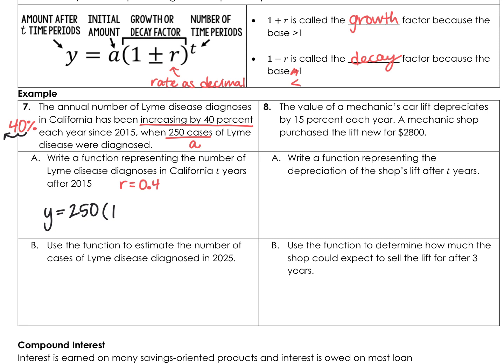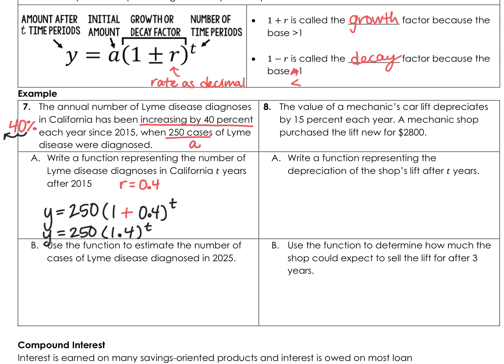It says growth, so I'm going to do 1 plus 0.4 raised to t time. Now, of course, you can go ahead and simplify this a little bit further. You can add 1 plus 0.4, and hopefully you can do that in your head. It is 250, and that would be 1.4, or 1.40 raised to t. Either one of these is a correct equation. I would take either, okay?